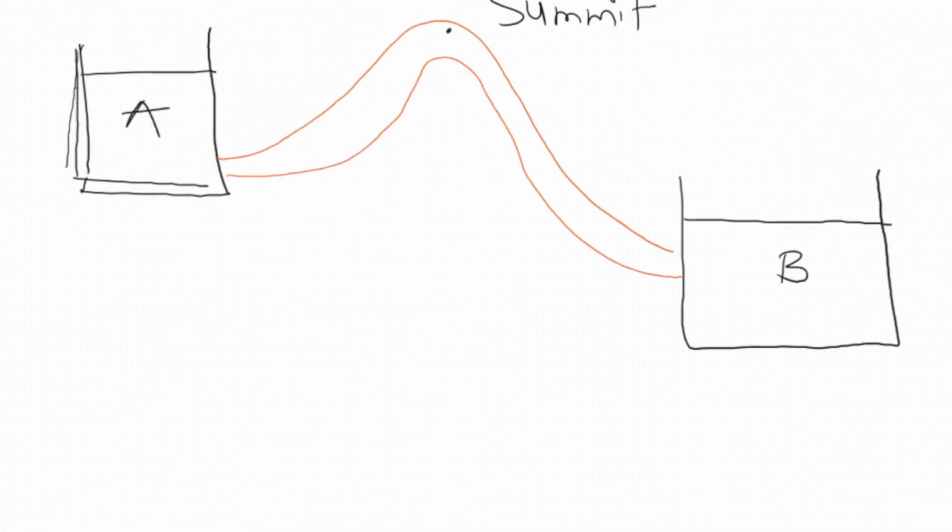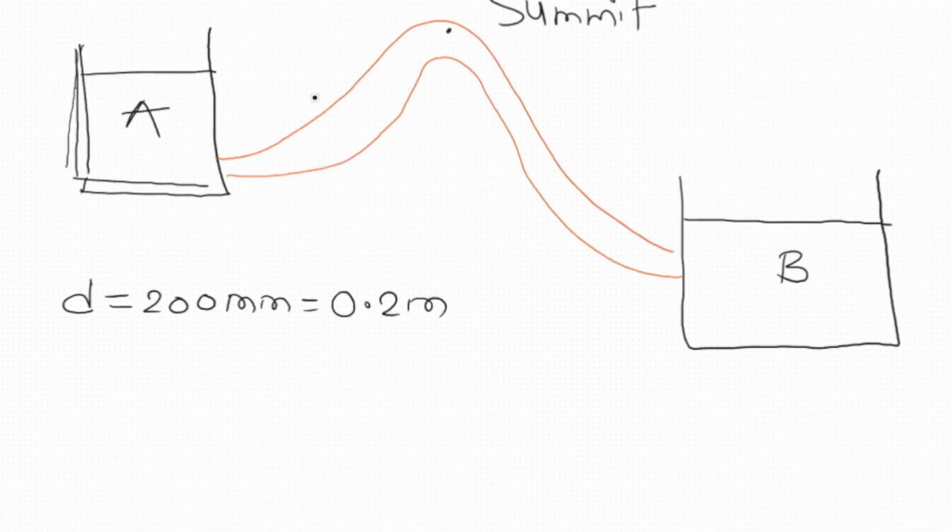So here, small d is given as 200 millimeter. Let's convert it into meters: 0.2 meter. Now the next thing is the difference in level of the two reservoirs.